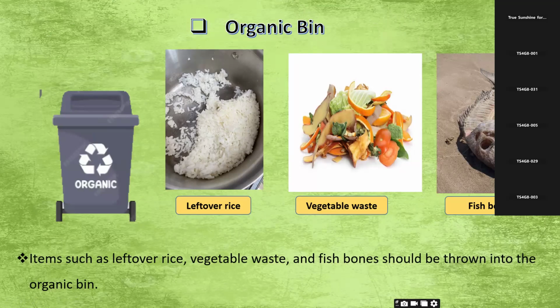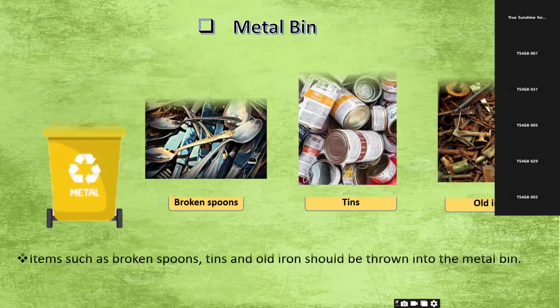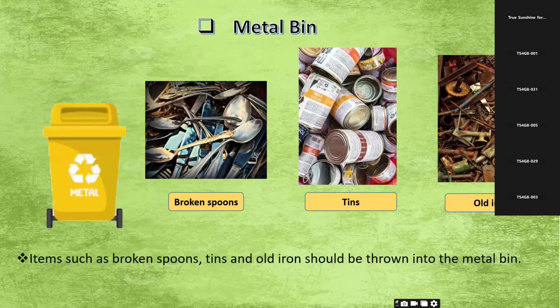Organic bin. Items such as leftover rice, vegetable waste, and fish bones should be thrown into the organic bin. Metal bin.